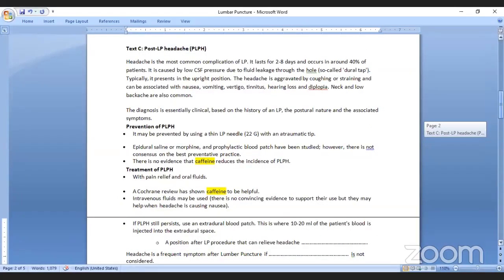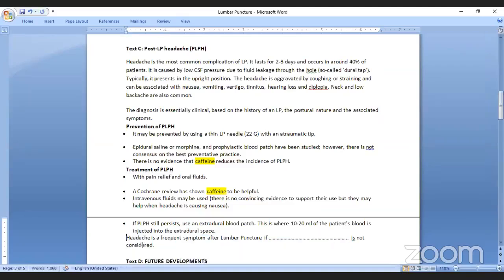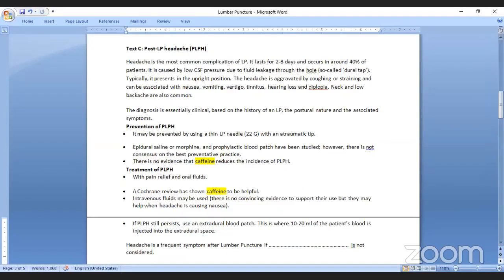The question is at the end: headache is a frequent symptom after lumbar puncture if dash is not considered. Can you find the answer here in text C?